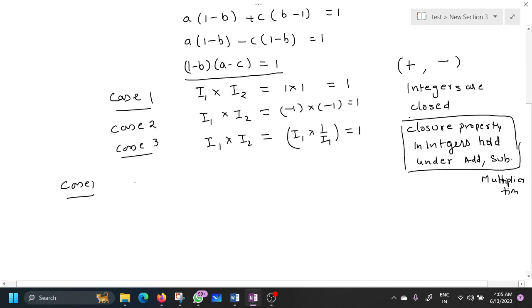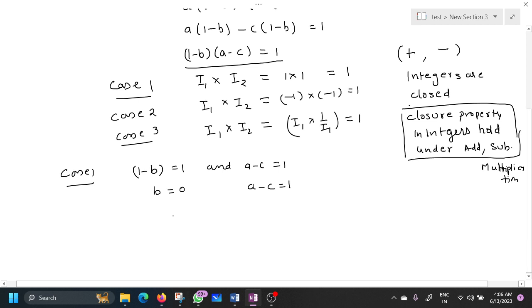When I1 and I2 are 1 and 1, it means 1 minus b is equal to 1 and a minus c is also equal to 1. So this gives us b is equal to 0 and a minus c is equal to 1.